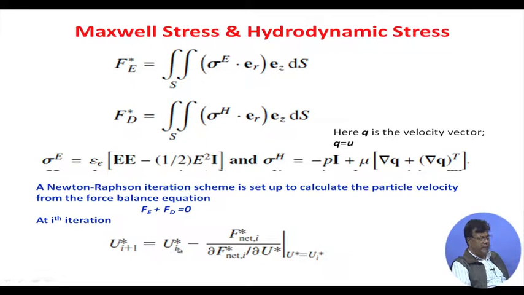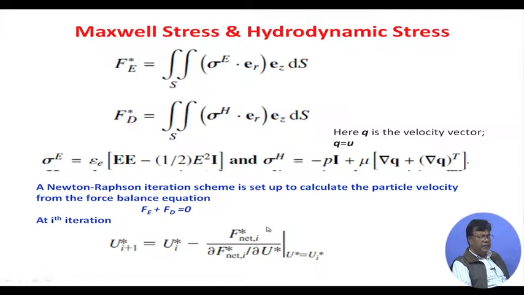Then calculate the next iterated value in this manner, and again go back and solve the Navier-Stokes equation, the Poisson-Nernst-Planck equations, and the electric field equations in a coupled manner, to get the modified velocity, and then calculate the drag. If the force balance is established as 0, then we stop the iteration, otherwise we proceed further.